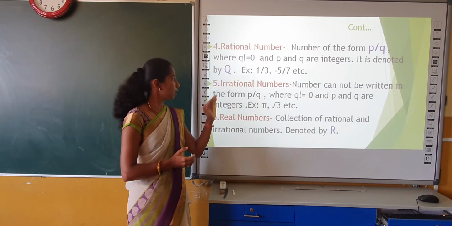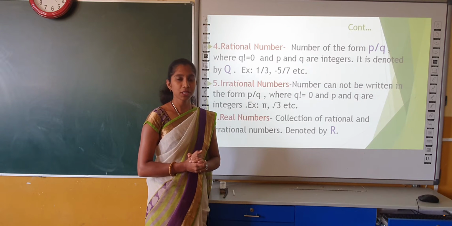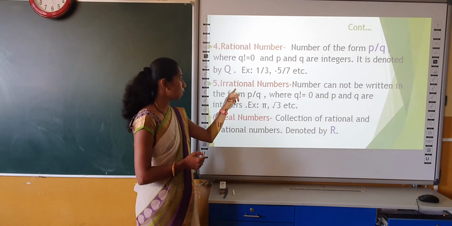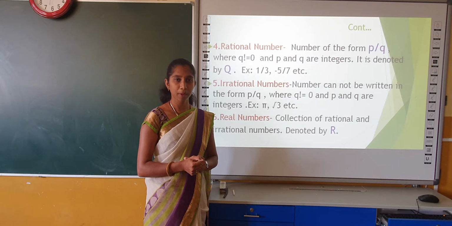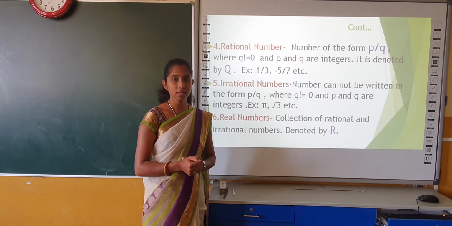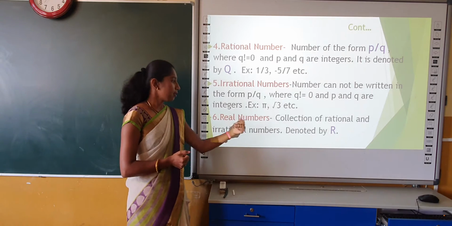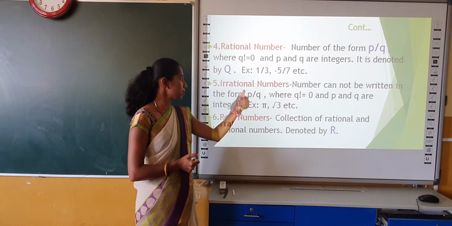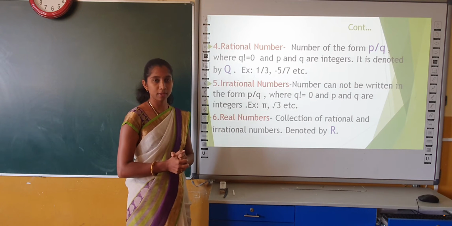Next is irrational numbers. The numbers which cannot be written in the form of p by q are called irrational numbers. For example, pi, square root 3, square root 7, etc. Real numbers: the collection of both rational numbers and irrational numbers are called real numbers.